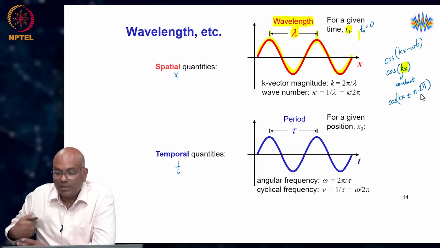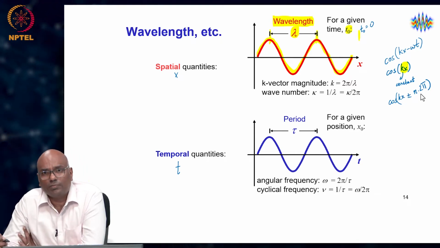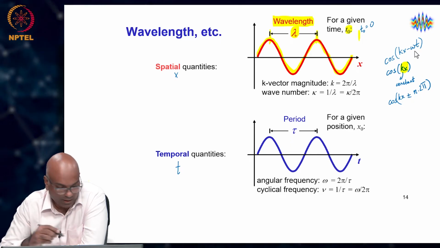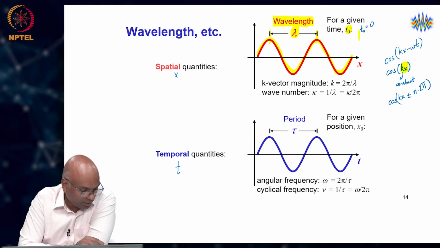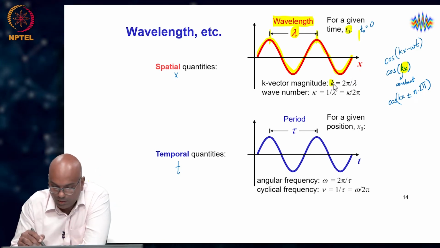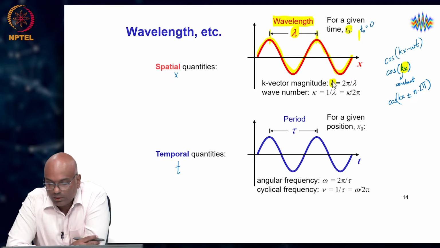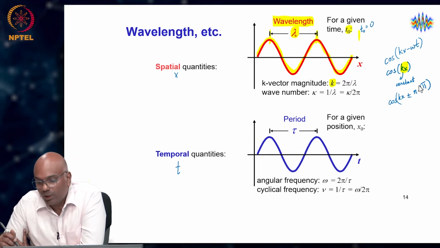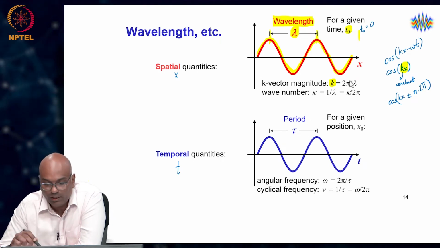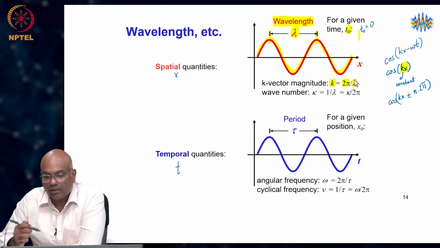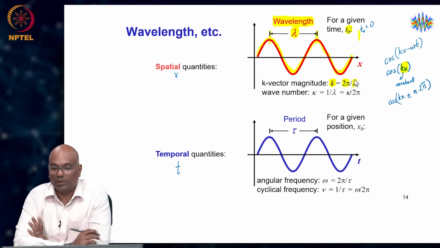Now, the periodicity of the wave is therefore captured by the parameter that we introduced, which we have called k so far. And since the periodicity of the argument of the cosine function is 2 pi, k is 2 pi divided by this value lambda.